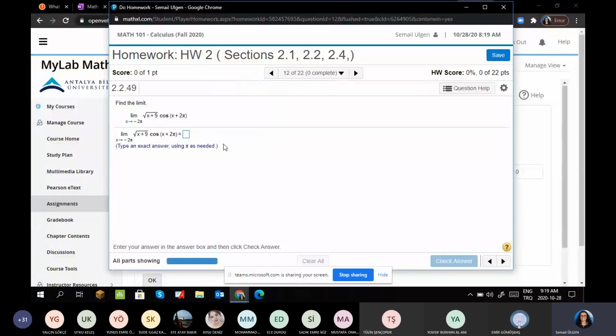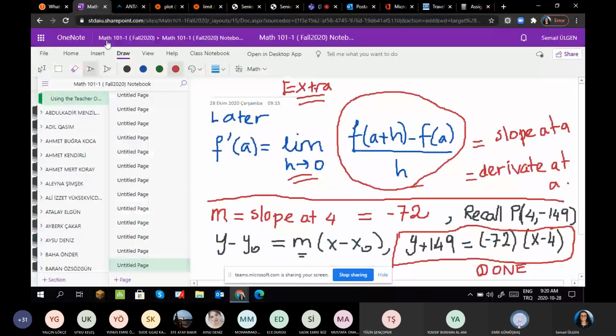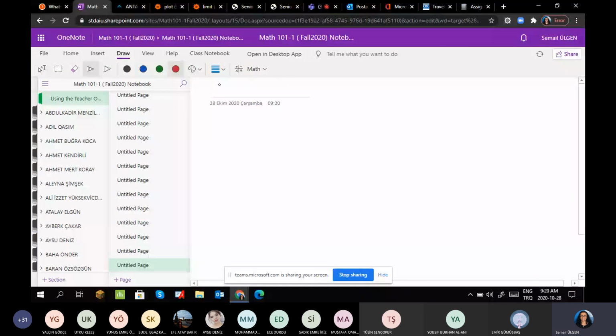So we shouldn't write the approximate answer, we should write it explicitly, containing pi. Okay, let's get back to our page. This is question 12, still homework 2, I think. The question is to find this limit.